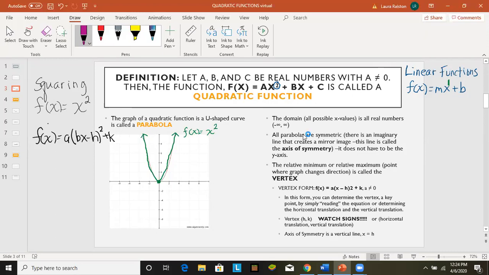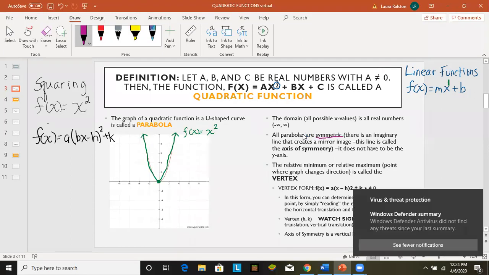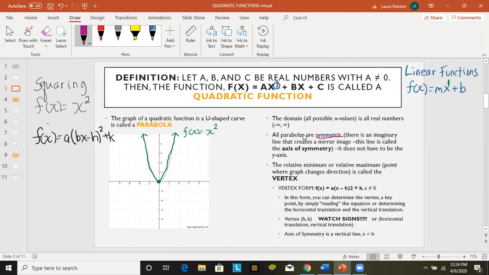Not necessarily symmetric to the y-axis or to the x-axis, but they are symmetric. There's an imaginary line that if you fold the parabola across it, it appears to be the same on the left side as the right side.